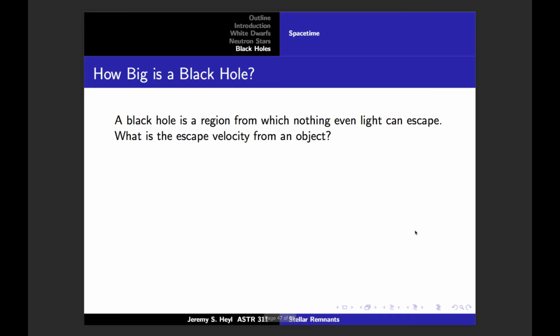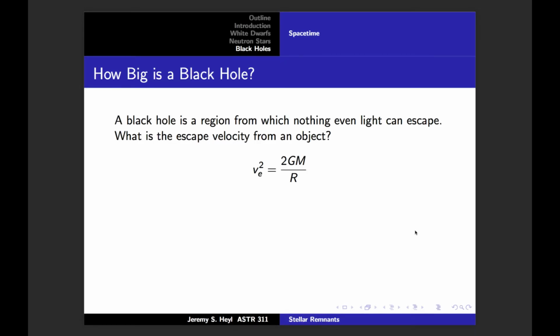And we're going to figure out when something becomes a black hole. So we can just use that concept from gravity, called the escape velocity. What we want to think about is, for a given mass, if I shrink that mass down to a given radius, when does the escape velocity equal the speed of light?